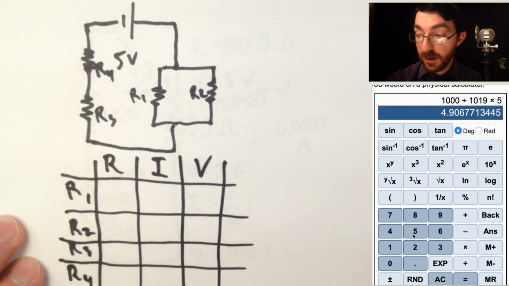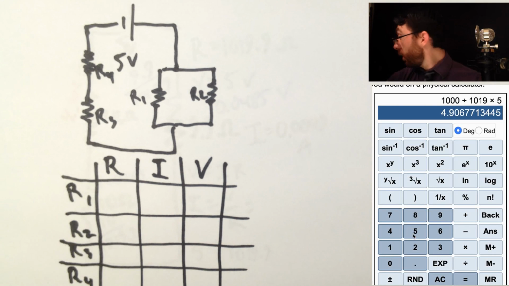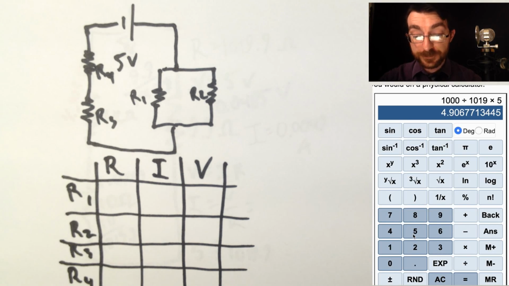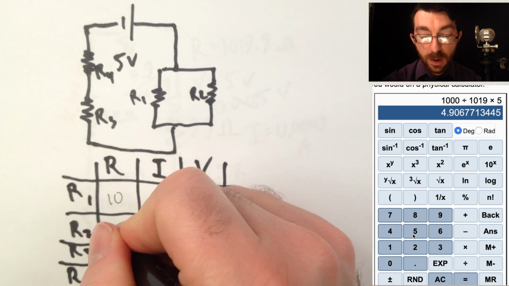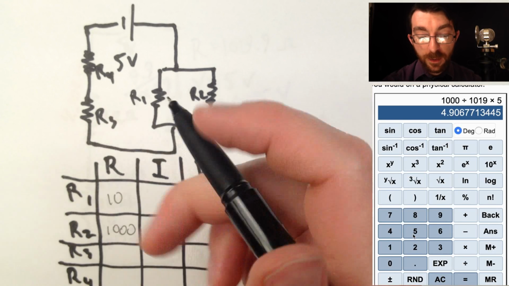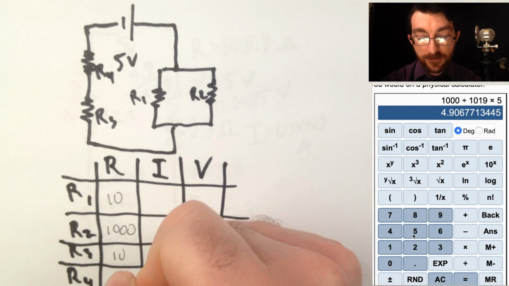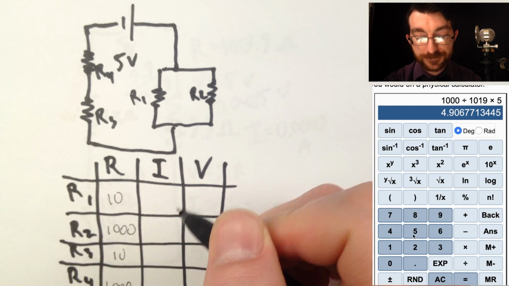I might need a finer pen to fit the numbers in there. So the resistance of resistor 1 was 10, and the resistance of resistor 2 was 1000. 3 was also 10, and 4 was also 1000.